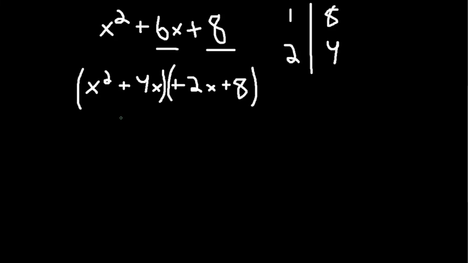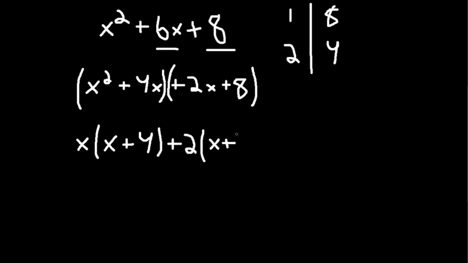If you remember, a GCF, the greatest common factor, you want to take that out of each pair. So the GCF in the first part is an x, meaning if you divide both terms by x, you're going to get x plus 4, because x squared divided by x is x, and 4x divided by x is 4, just breaking it up as simple as possible. And in the second part of the equation, our GCF is going to be 2. If you divide both terms by 2, you'll be left with x plus 4.